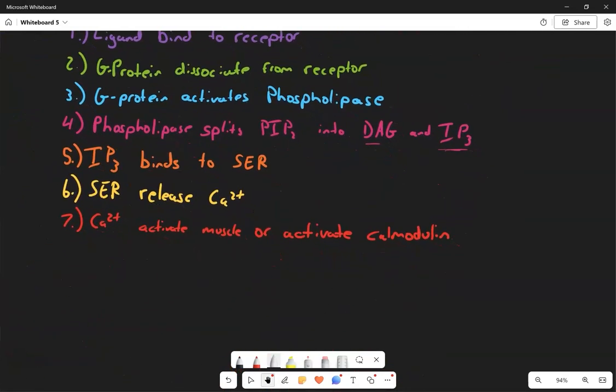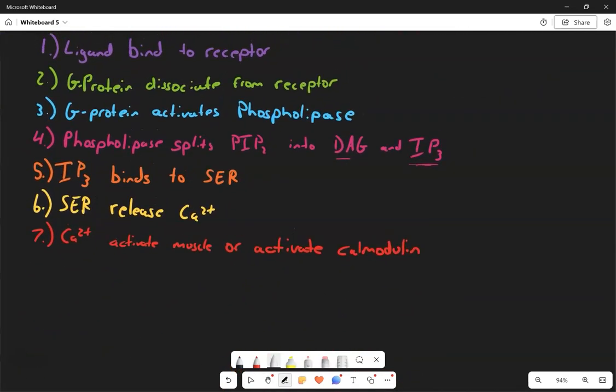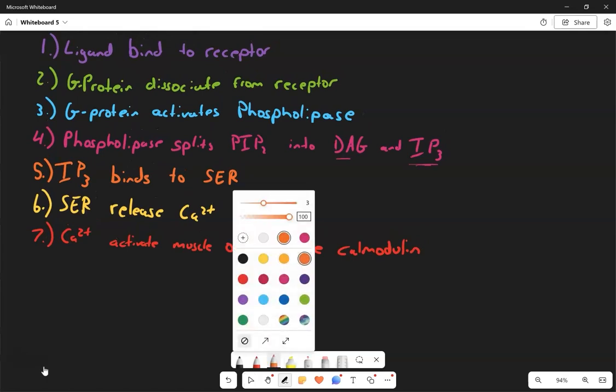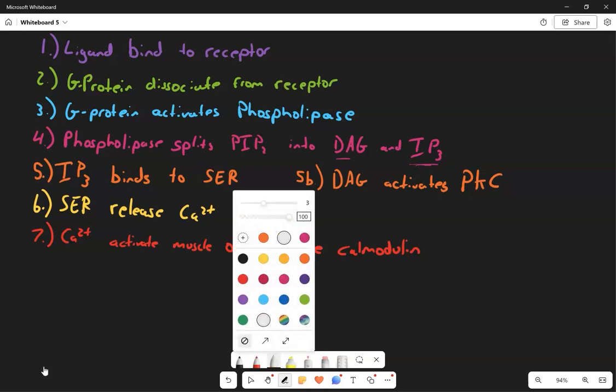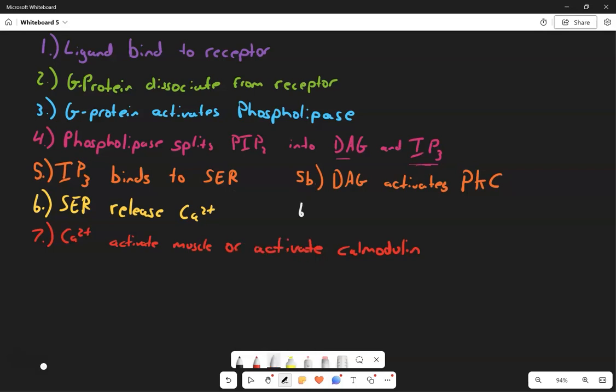So I'm going to come down here and add into our steps 5B: DAG activates protein kinase C. And then 6B: protein kinase C phosphorylates protein.